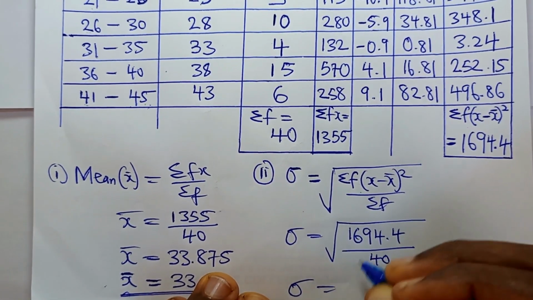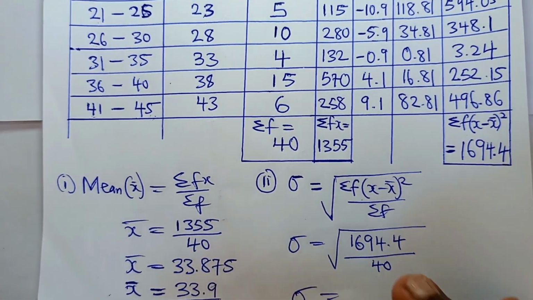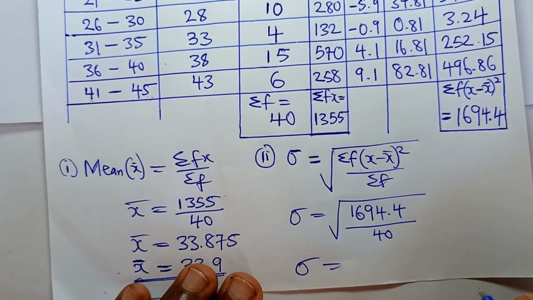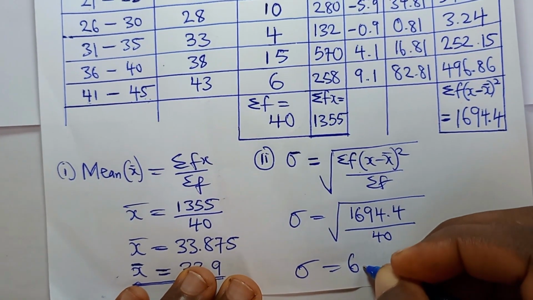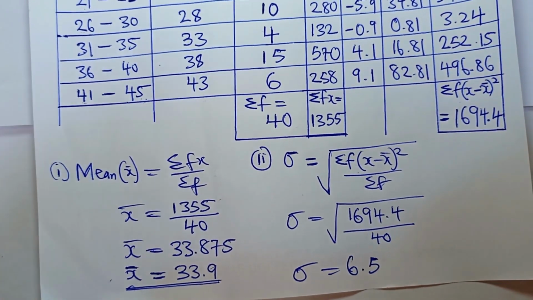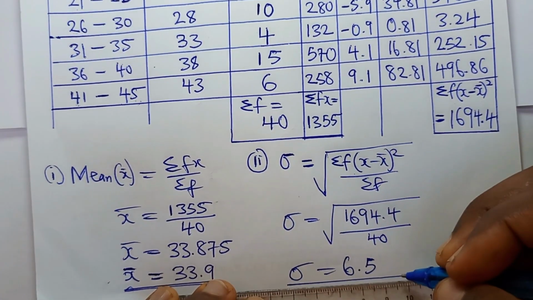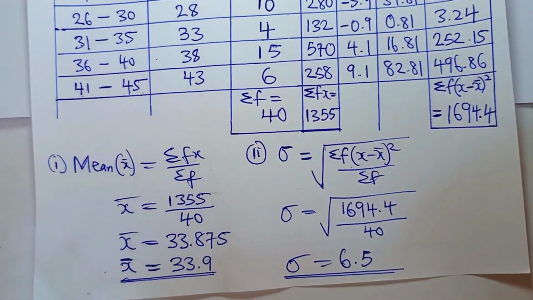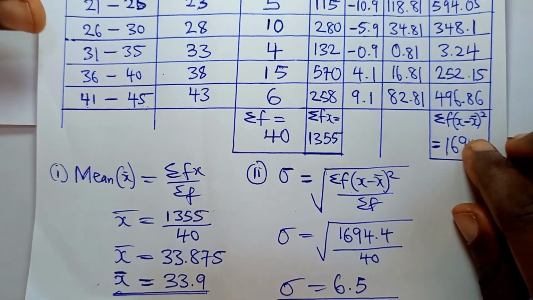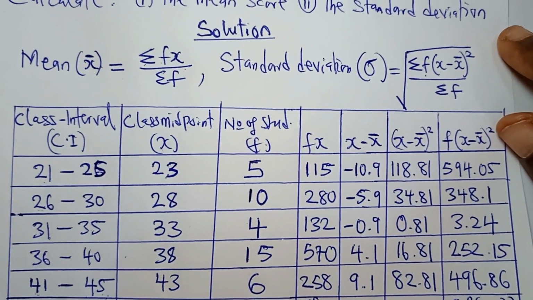By the time you divide it and find the square root, from the operation I have there in the calculator, we're going to get 6.508. That is 6.5 as the final answer, as the standard deviation. The standard deviation is 6.5. So this is the procedure of solving for standard deviation for grouped distribution.